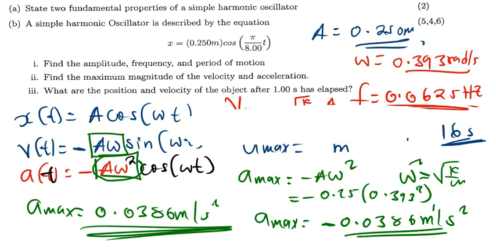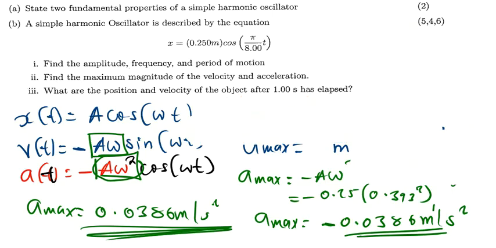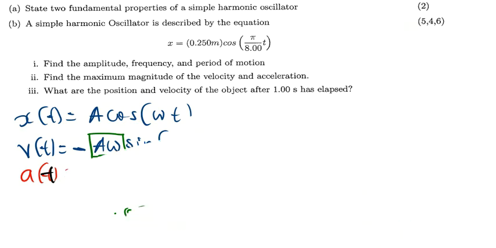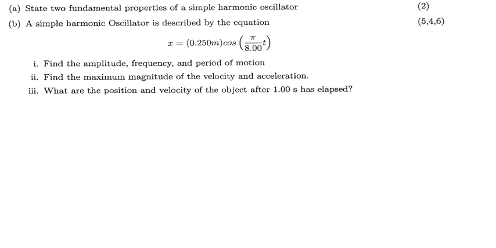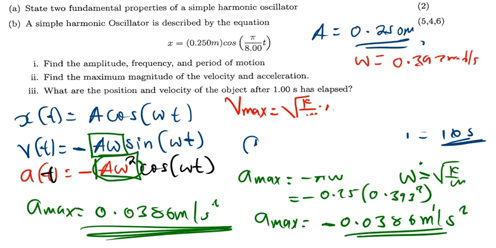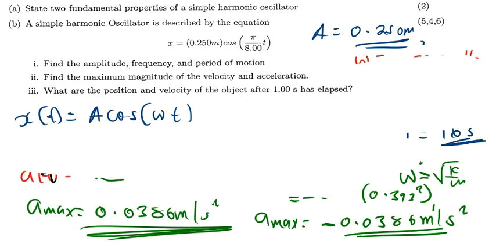Now let's go to the last part, which is what is the position. The position, we want to find the position when t is equal to, so I'll just use that formula.